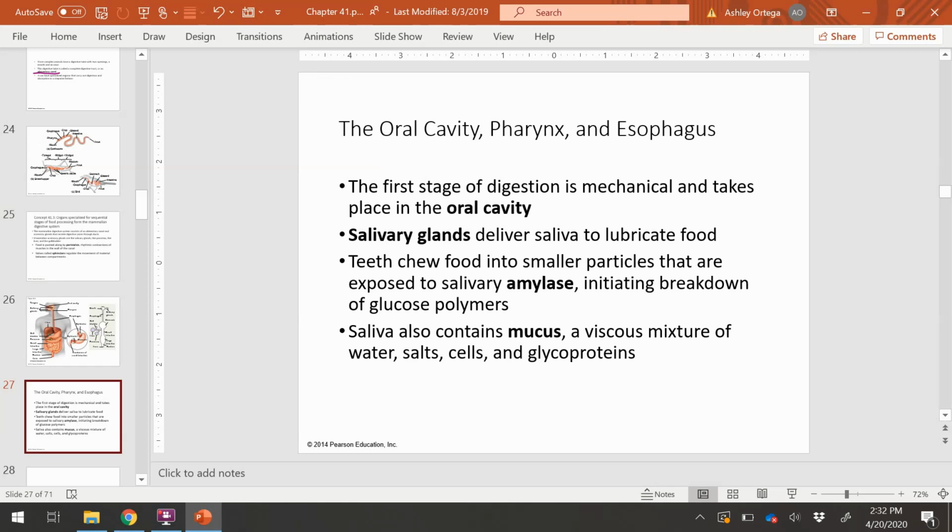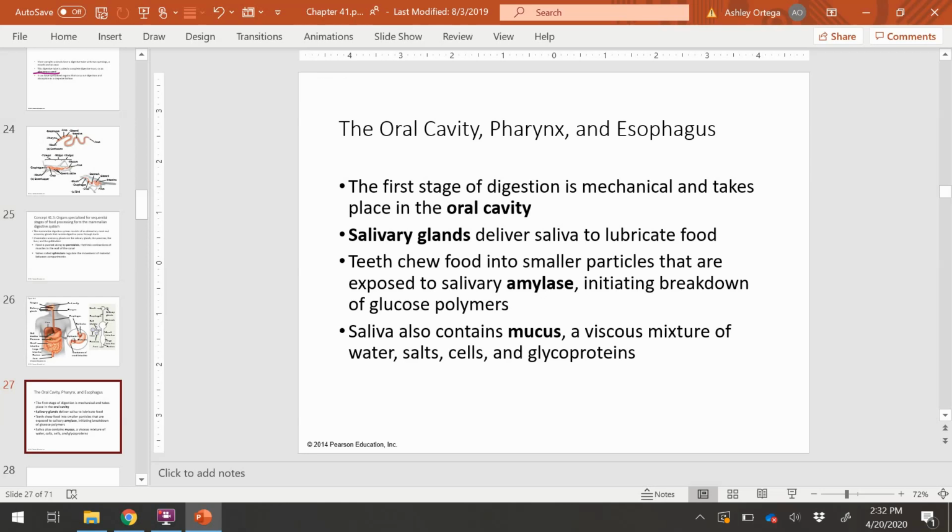Saliva will contain a various mixture that will allow for a little bit of pH balance. It also will have amylase, which will start breaking down the starch or polysaccharides into maltose. And so that will break it down to smaller disaccharide sugars. And then for saliva itself, usually about 1 liter of saliva is made a day, which is a lot of saliva to help break down that food.